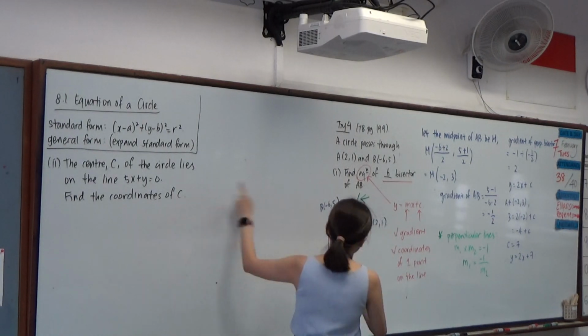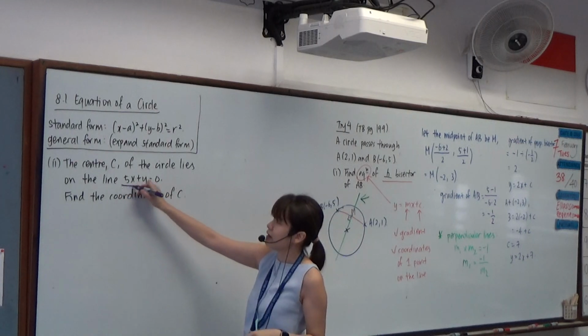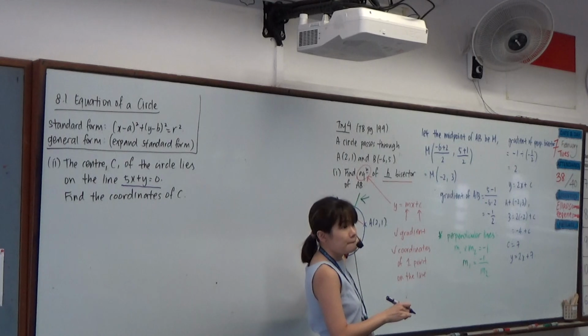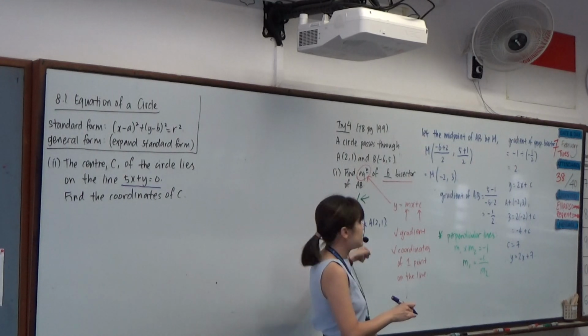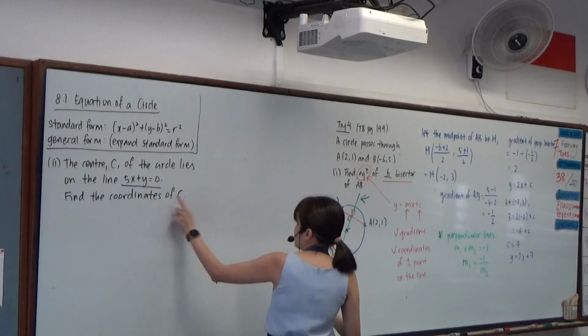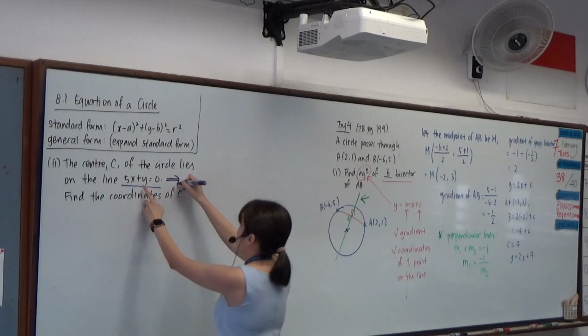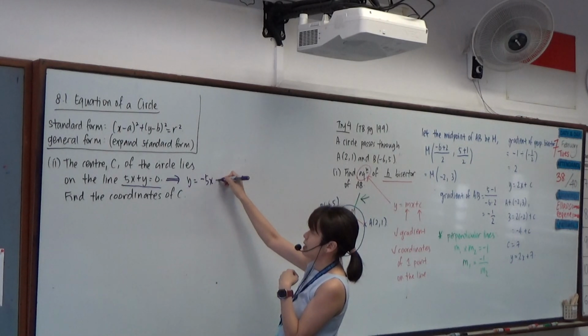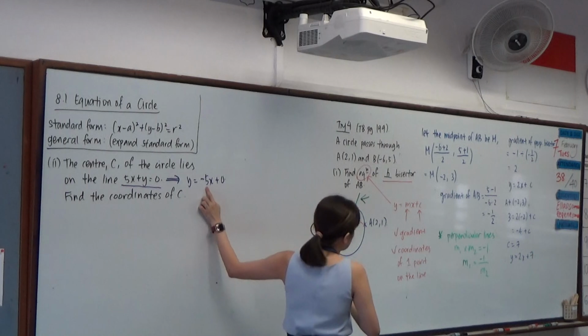And then in this question, it says that we have this line 5x plus y equals 0 that passes through the center as well. That's very important information. If you try to illustrate this line, 5x plus y equals 0 means y equals negative 5x plus 0, so the gradient is negative.